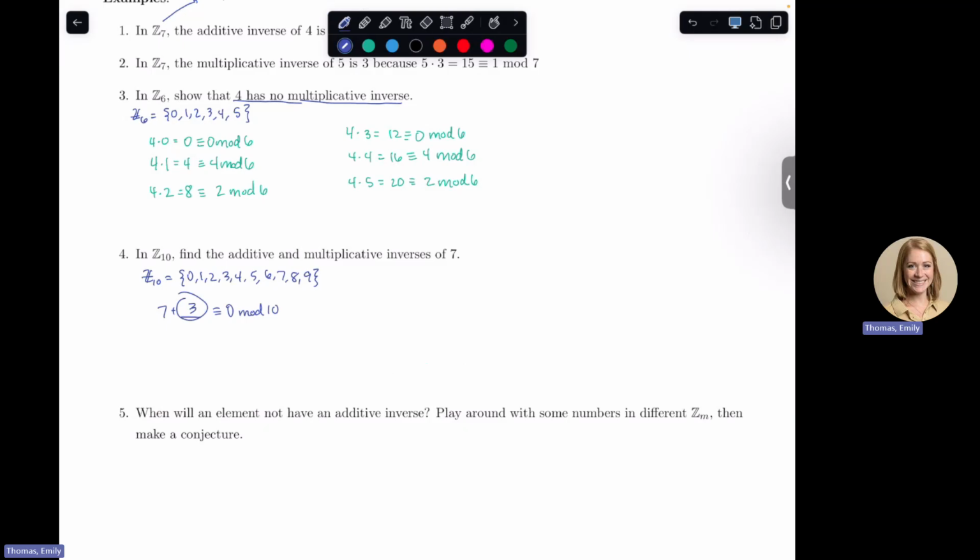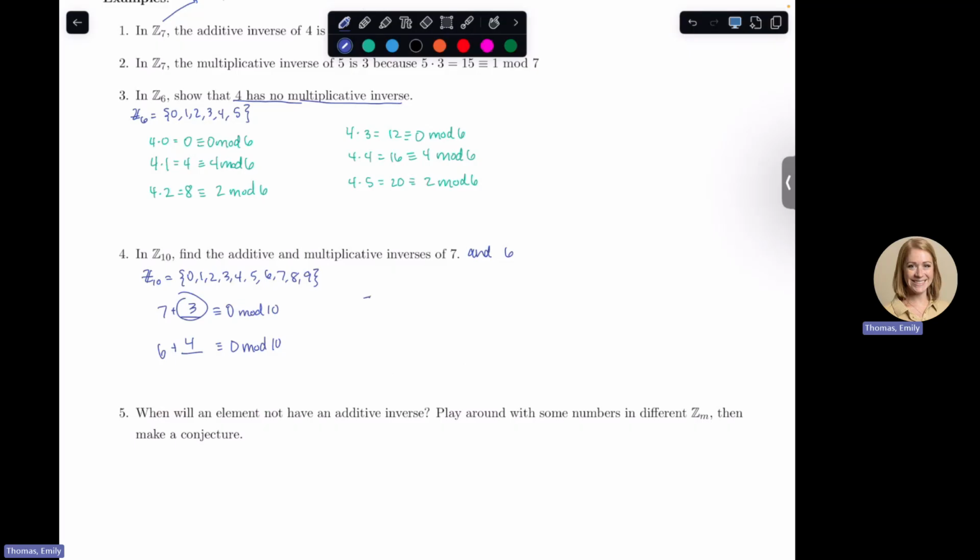So that's its additive inverse. It makes it 0 back out. Are we okay with that? What is the additive inverse of, I don't know, 6? Yeah, it is 4. Good. All right.